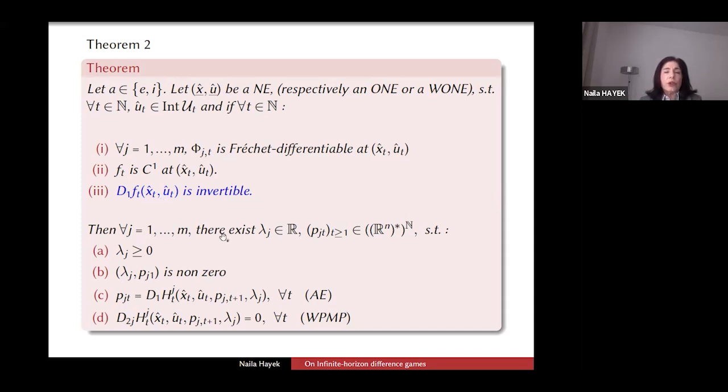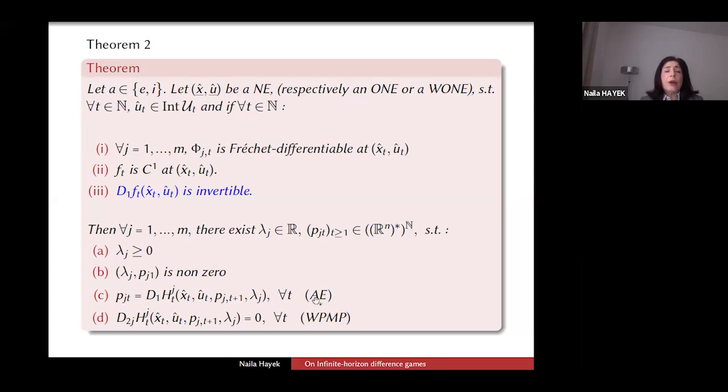Then the conclusion is that there exists a multiplier lambda j in R for every j, and adjoint variables p_j(t) sequences, such that lambda j is non-negative for each j. The couple (lambda j, p_j(1)) is non-zero.